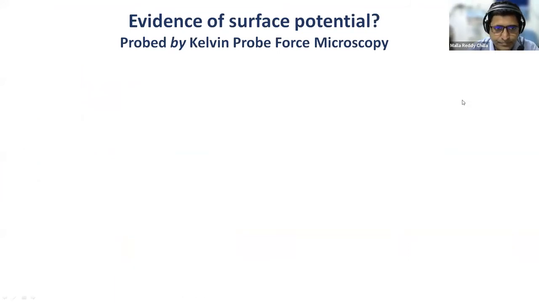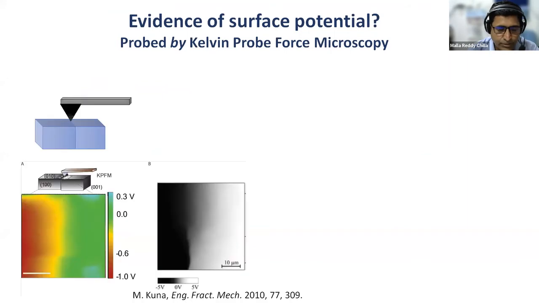Then we also looked at a crystal. We basically broke a crystal, and the healing was not very efficient in this case, where you can see a crack. We mounted this crystal and tried to map the surface, and we found that here one part is negative and the other part is actually positive, as you can see.